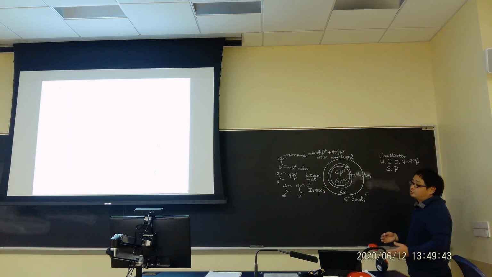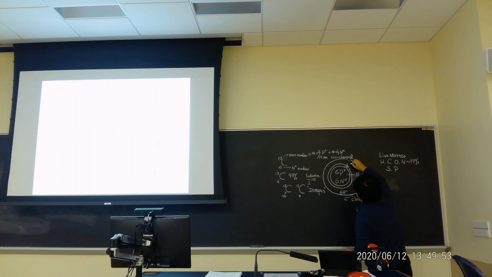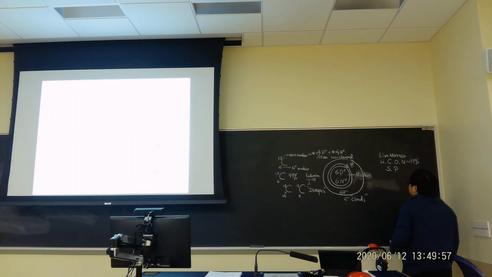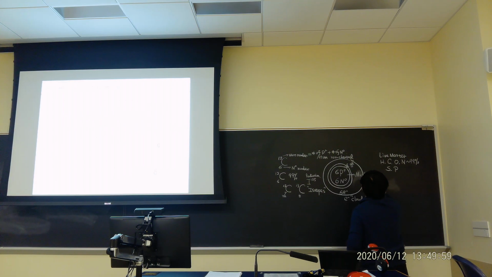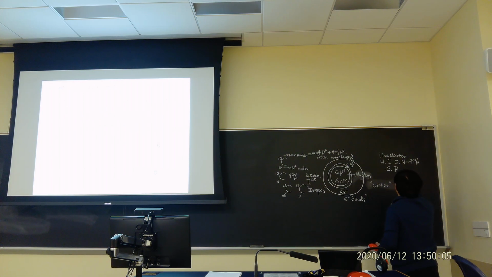But when they reach the optimal level, or we say the saturated status, this is usually 8 electrons. Okay, so we have a terminology called octet. That means 8 electrons to reach saturated status.